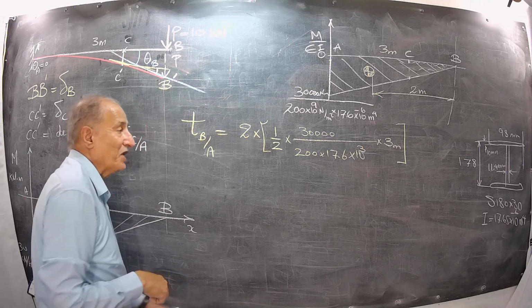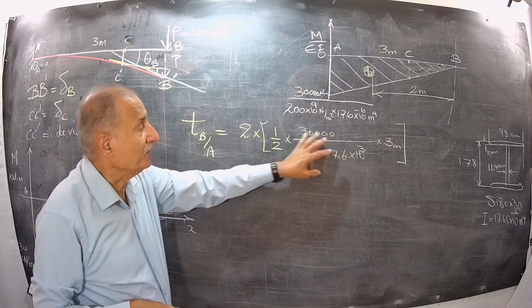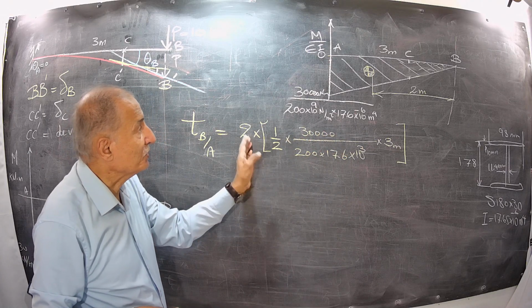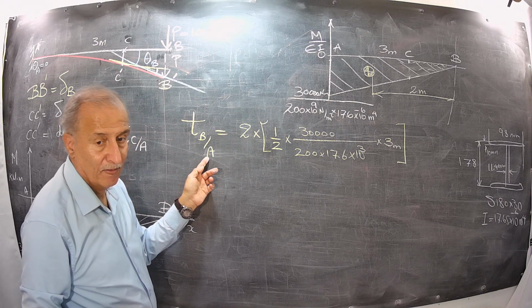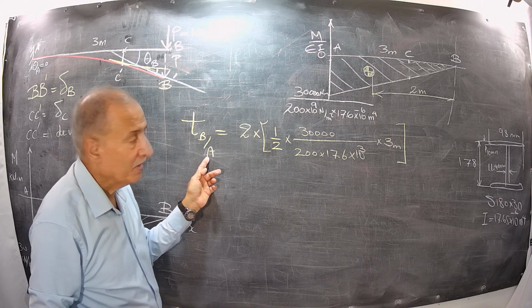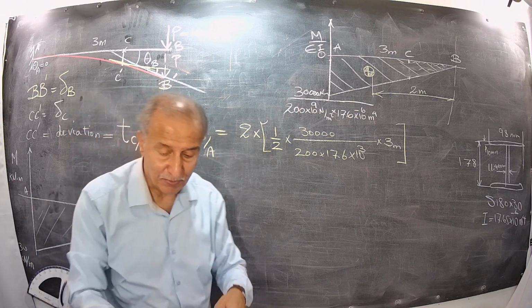I take, this is the area. I take its first moment with respect to point B. It is TBA. Then let's find out how much TBA is here.